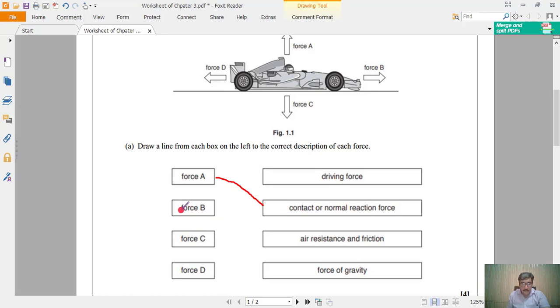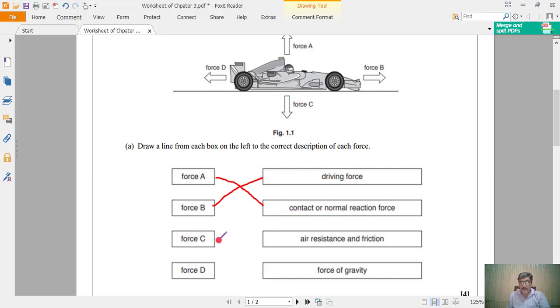Similarly, one more force, force B, is given. If you see here, force B is towards this direction. So if the car is moving towards this direction, then force B is indicating the driving force. And as we know that if the force is in the downward direction, then it is the gravitational force, or force of gravity.